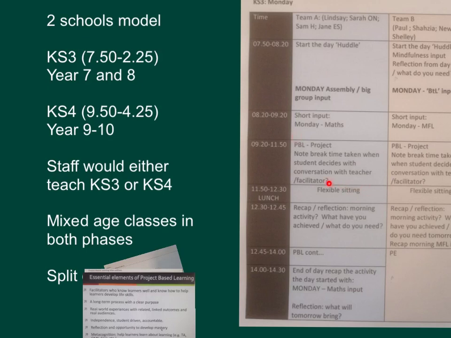The break time in here and for lunch can be flexible. It doesn't have to be at the same time every day. Chance to reflect is very important. What have you achieved? What do you need at different points of the day there?